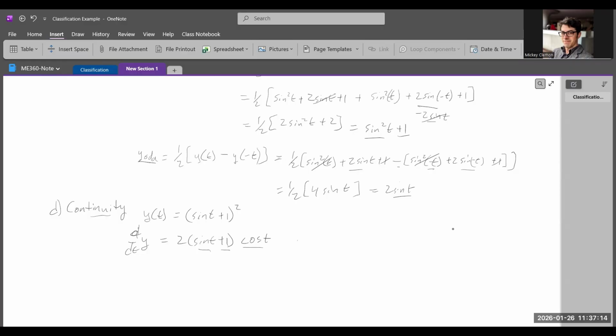There's no jumps or gaps, so we see no jumps, gaps, holes, no infinite slopes. So this is continuous.